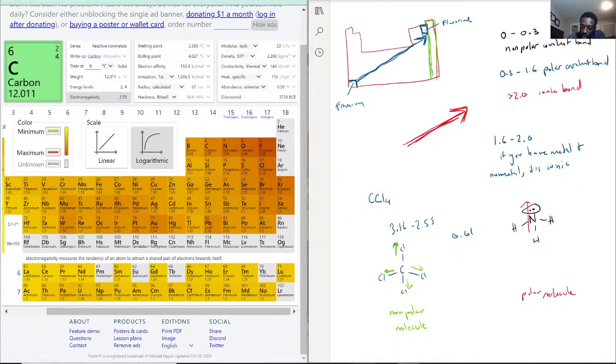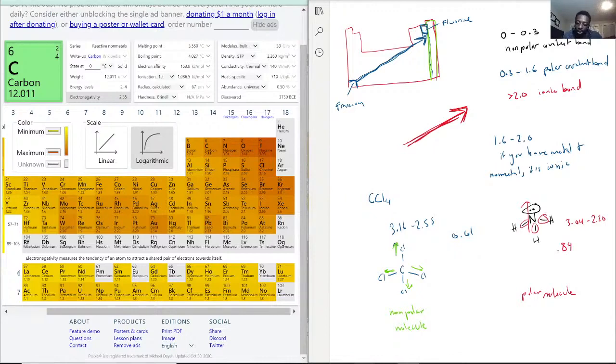As you see here, it definitely also has polar bonds, because I couldn't think of an example where it would be non-polar. Nitrogen is 3.04 minus 2.20, which is 0.84, so it still falls in the range of a polar covalent bond.